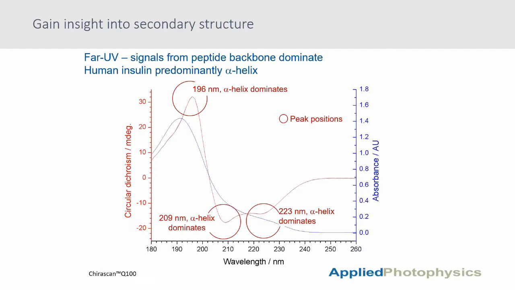By just looking at the far UV-CD spectrum, you can clearly see that it has two minima close to 209 and 222 nanometers, which is very close to the expected 208 and 222 for an alpha helix. And then one can easily say that this protein is predominantly an alpha helical protein.